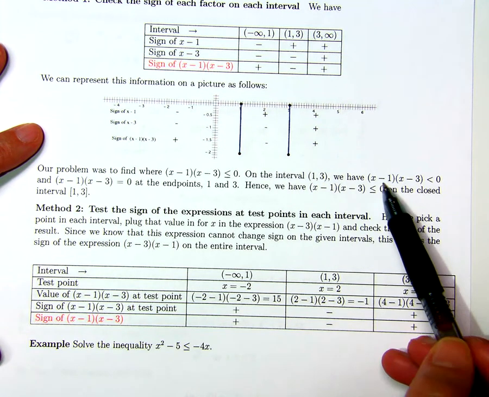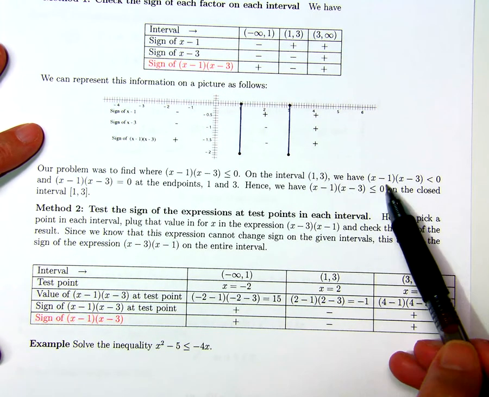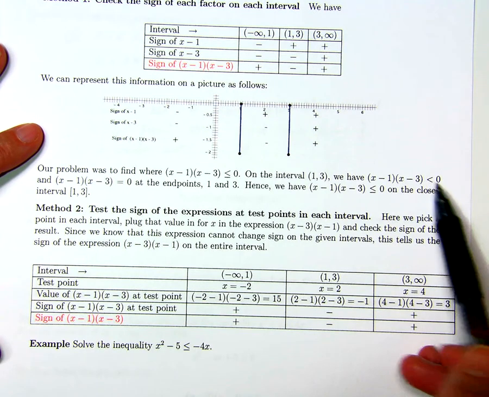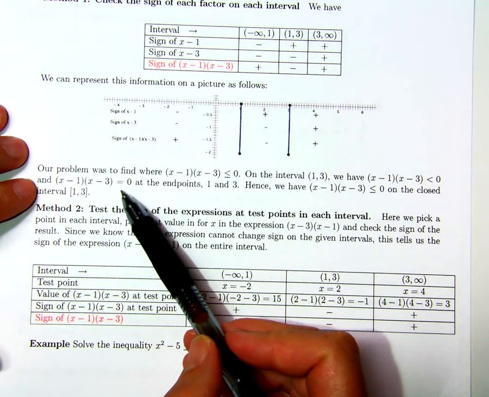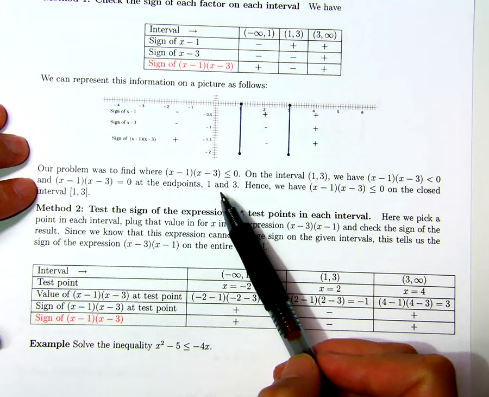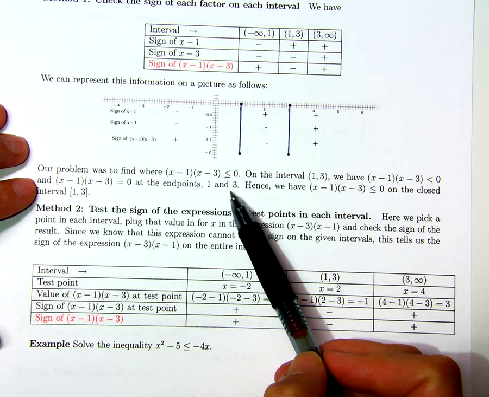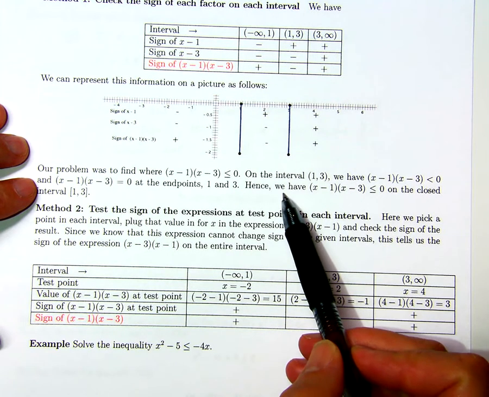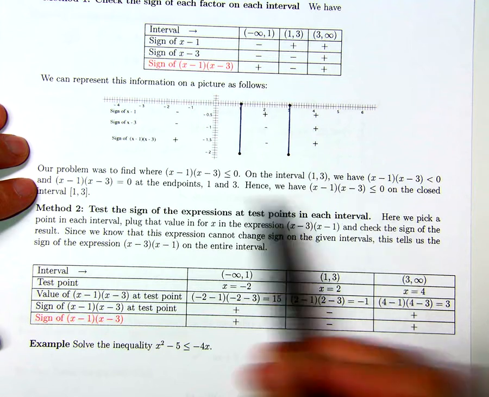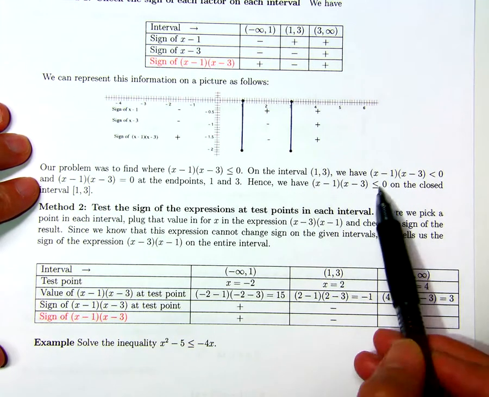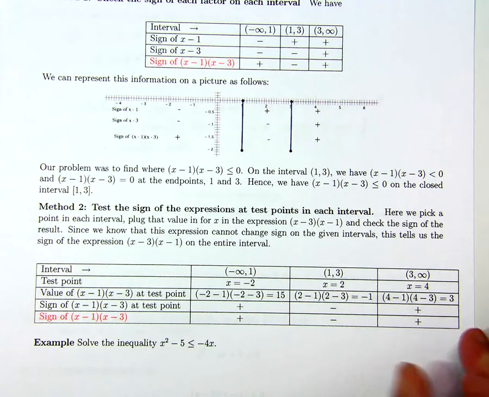In fact, for all x values between 1 and 3, we have the product is less than 0. And we have the product equals 0 at the points where one of the factors equals 0, so that's at the endpoints 1 and 3. Therefore, the solution set to this inequality is the closed interval from 1 to 3, because we're looking at less than or equal to 0.